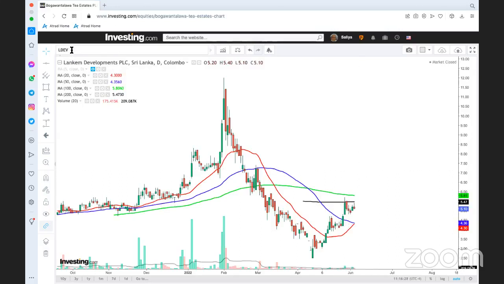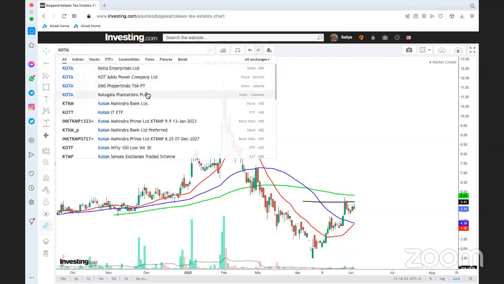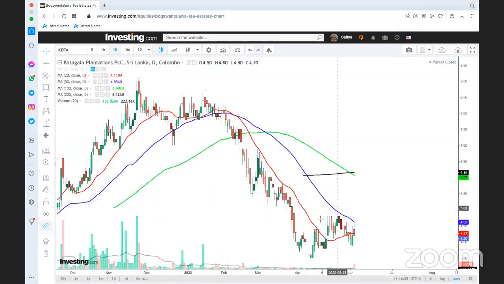Then let's take Kottagala Plantation. It's way low. The trend is still fragile, trying to build up. So let's avoid that.